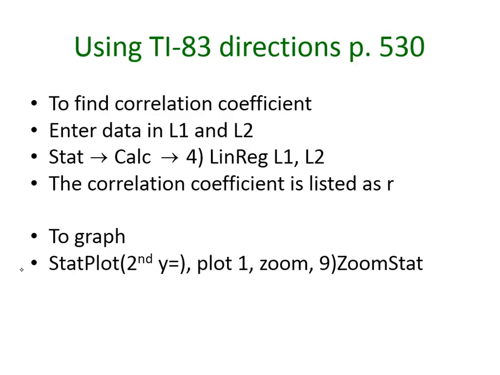So if you go to zoom, and we're going to go down to, I don't remember which number, number 9 gives me zoom stat. That way I will have my points within the graph that I'm looking for. I used squares. You can either use the squares or the plus signs. Don't use the little dots because they're harder to see.